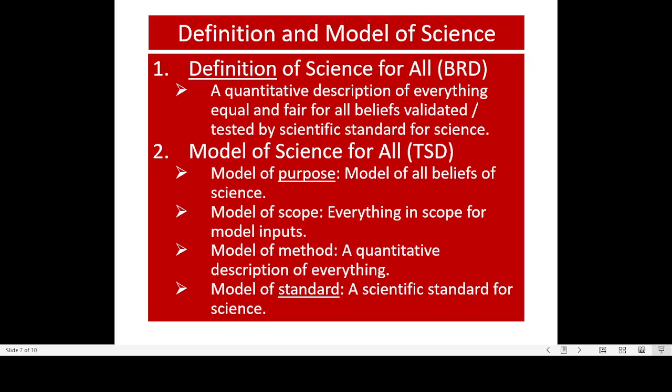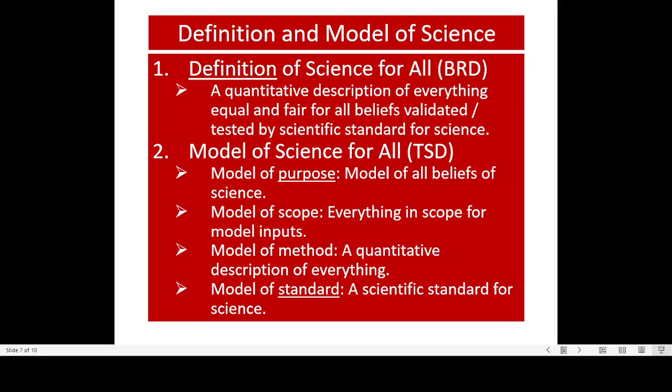First, for definition, we present here a very simple, compact, objective definition that captures all the requirements. That definition of science is a quantitative description of everything, equal and fair for all beliefs to be tested and validated by scientific standard for science.